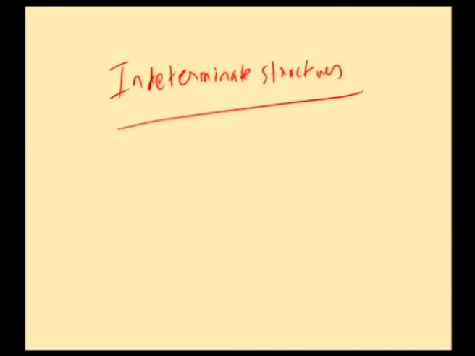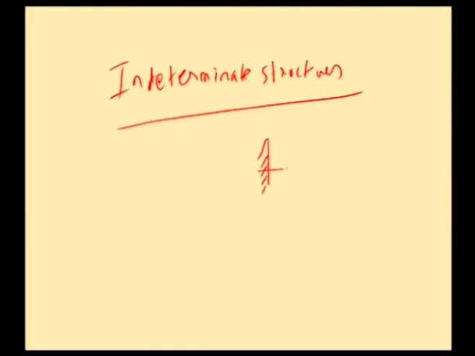Now, we will see what an indeterminate structure is. In contrast to this, in indeterminate structures the static equations of equilibrium alone will not be sufficient to calculate the support reactions. For example, let us take the case of a propped cantilever beam, a cantilever beam which is propped at the free end.